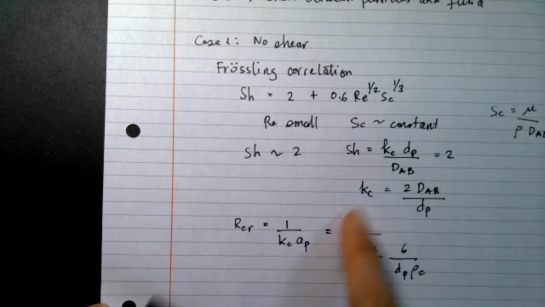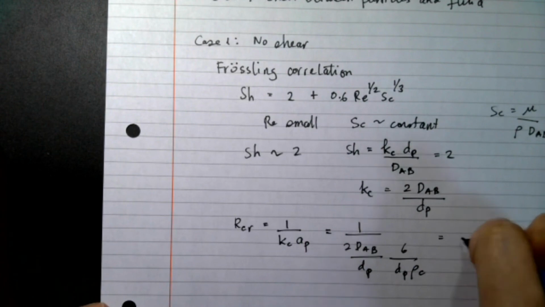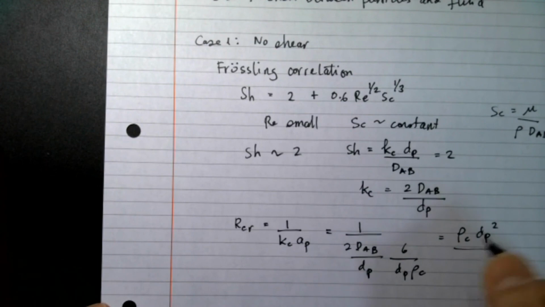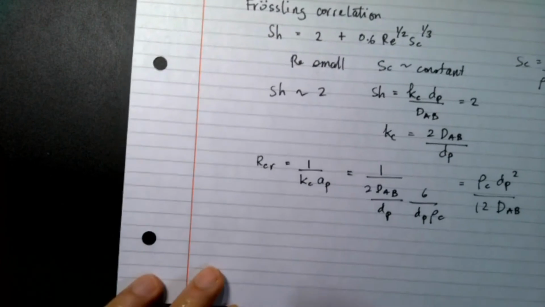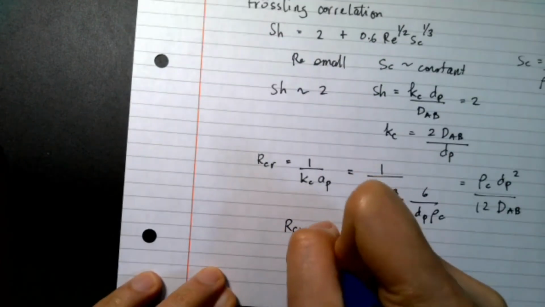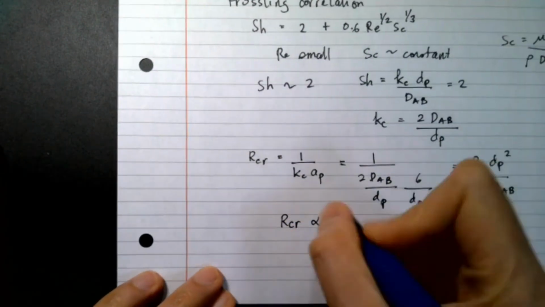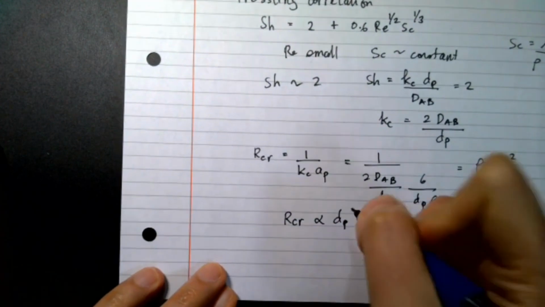And then simplifying this, we'll have rho c dp squared divided by, okay, we have 2 times 6, so we have 12 dAB. Okay, but the density and diffusivity are constants. So we can say that RCR is proportional to the square of the particle diameter.